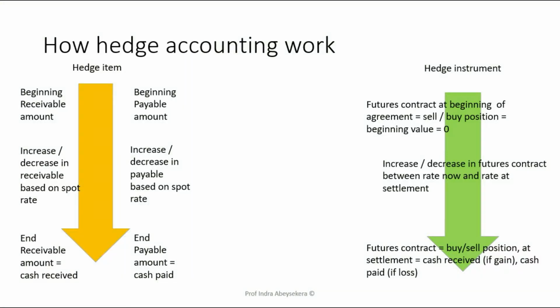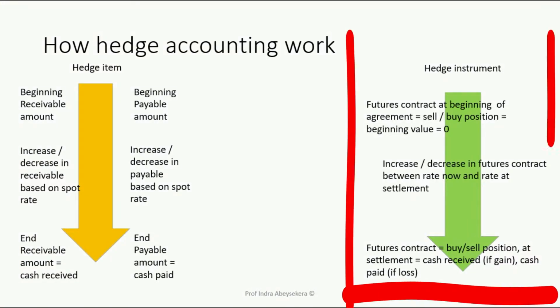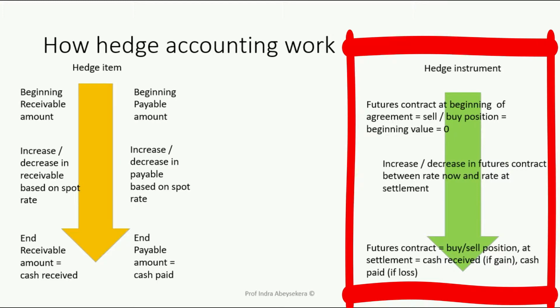The hedging instrument is a derivative or a contract that's been entered into. In this instance, it's a futures contract. And when the contract is entered into, the firm will enter into a sell position or a buy position.